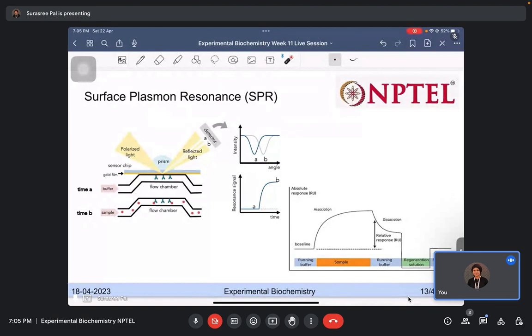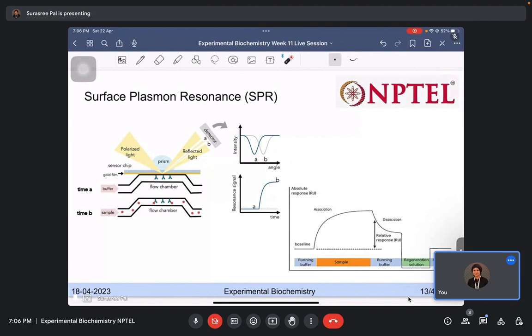We pass a polarized light, which hits this gold film and is totally internally reflected. We can calculate the angle for this total internal reflection. When there is buffer flowing through this flow chamber, there is no deflection in the reflected light.